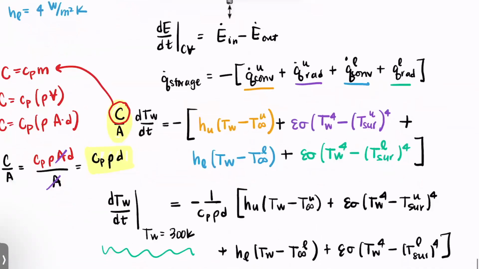The temperature of the surroundings on the lower side is 330 Kelvin.